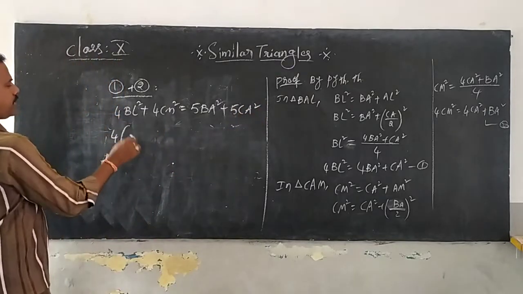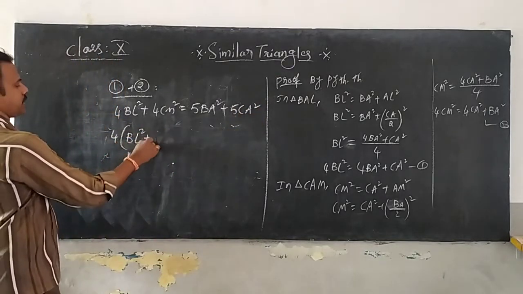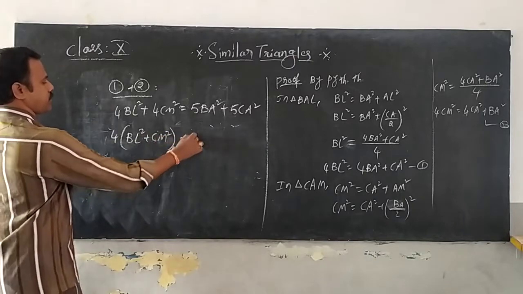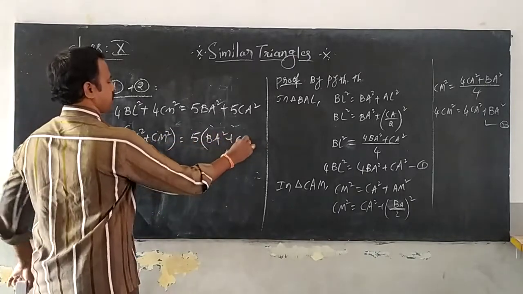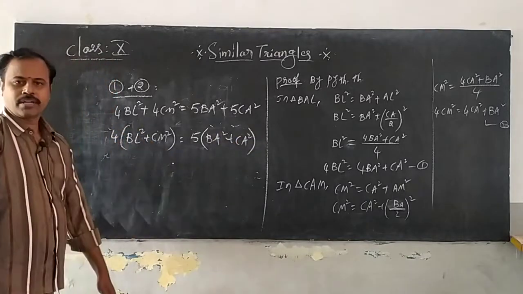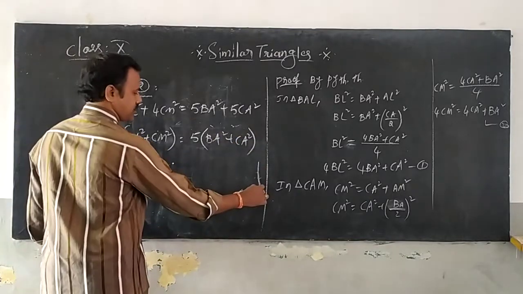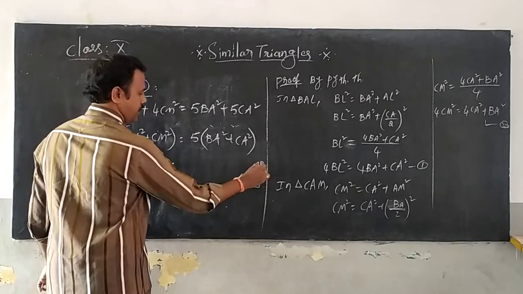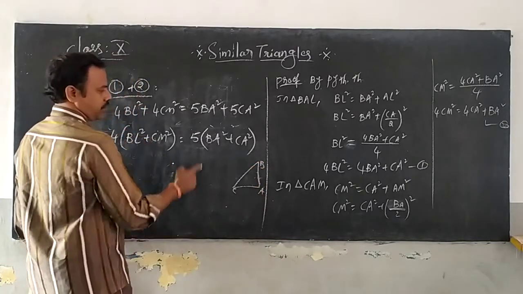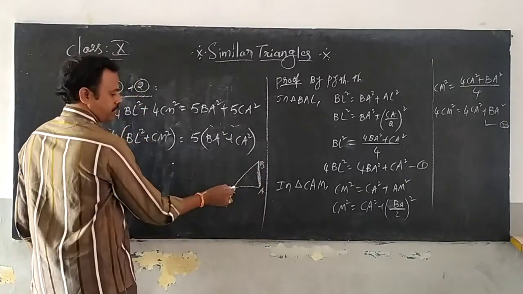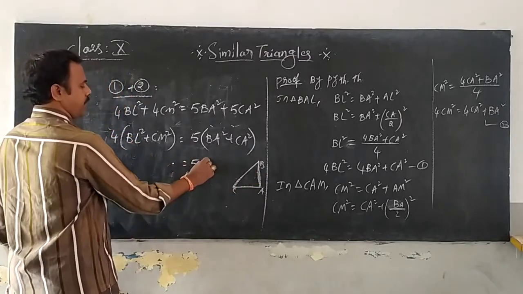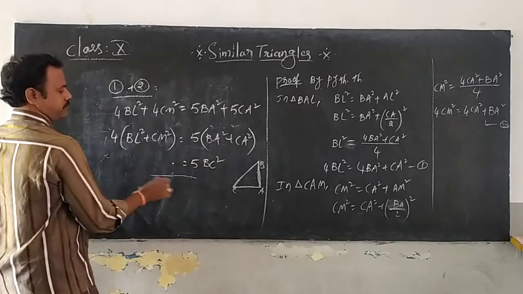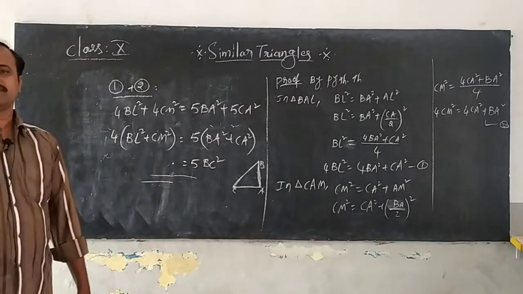Now you take 4 common here. 4 into BL square plus CM square is equal to 5 common, BA square plus CA square. Okay. In the first triangle, that is BAC, BA square plus CA square is equal to BC square. So 5BC square. This is our example.